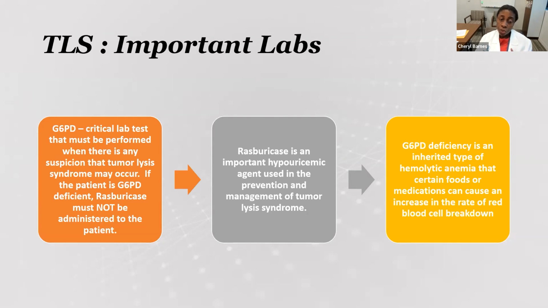So rasburicase, which is one of the medications I'll talk about later, is contraindicated for patients that are G6PD deficient. So for every patient with a potential for tumor lysis, or if you're going to treat them for tumor lysis, you need to make sure that you do this G6PD, as it will impact what medication you can treat them with.